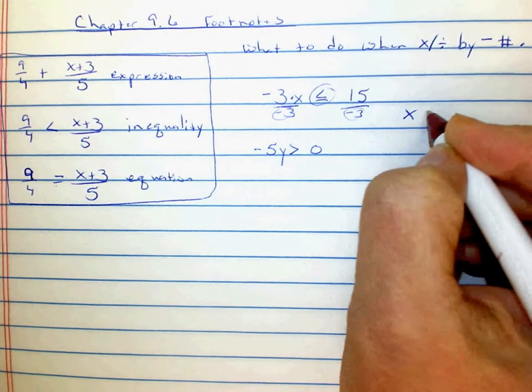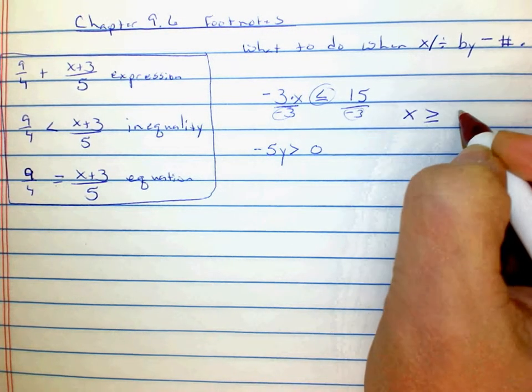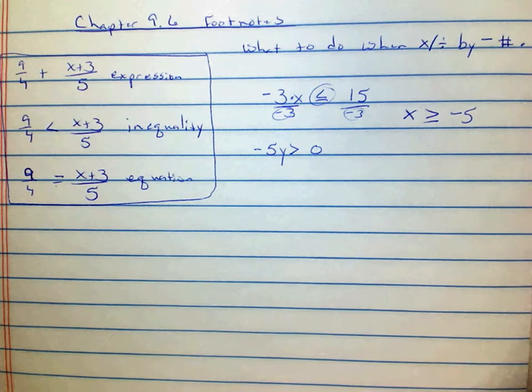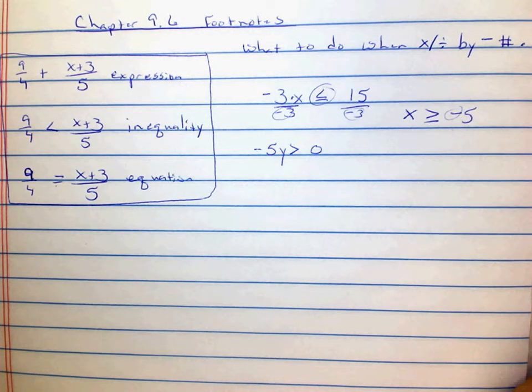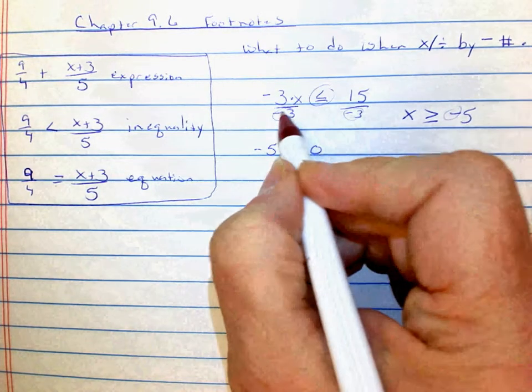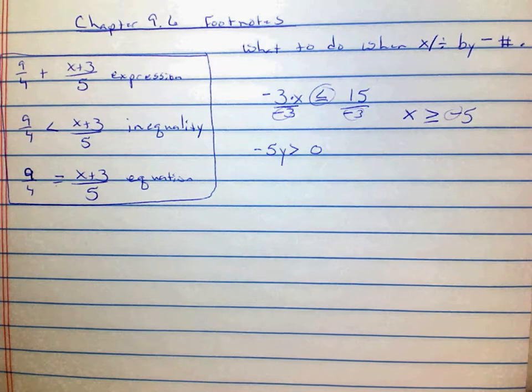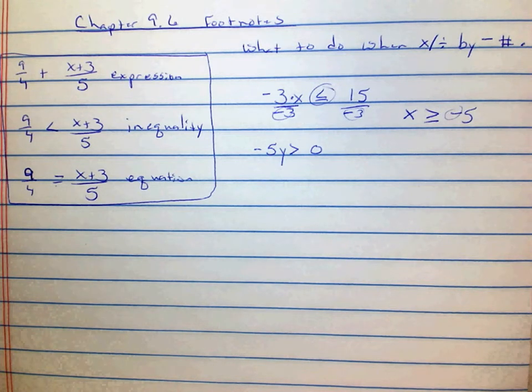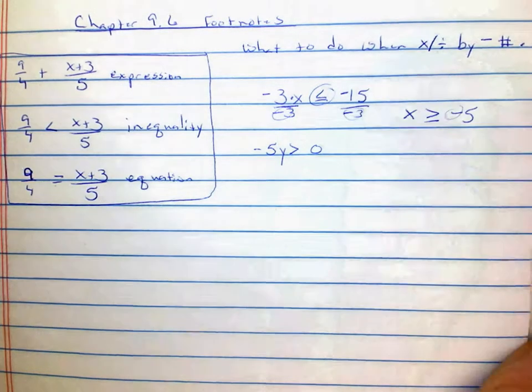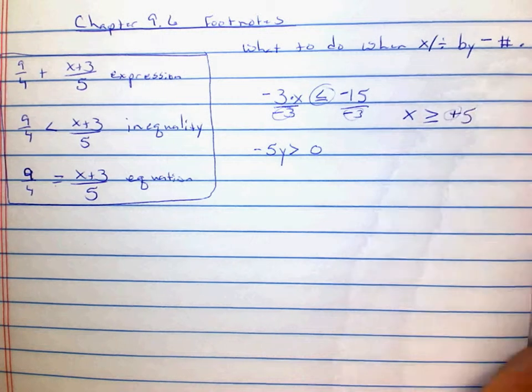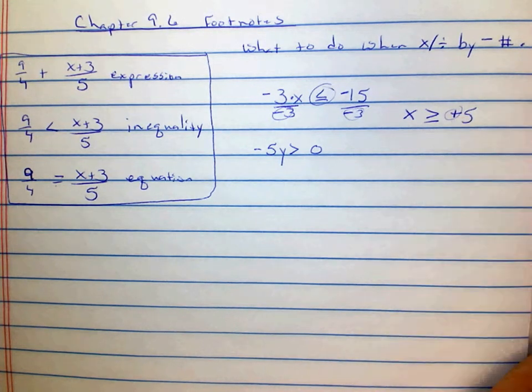So that gives us x bigger than or equal to negative 5. The fact that we get a negative number doesn't make the difference. The fact that we divided by a negative is the big fat hairy deal here. I could have even had negative 15, which would have made this negative, a positive 5 instead.